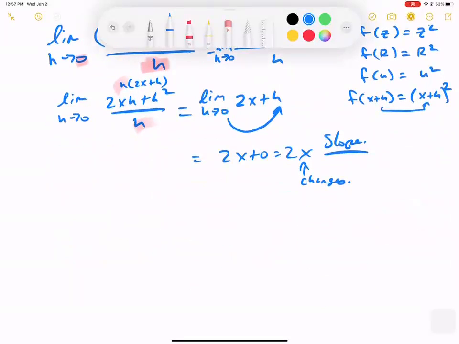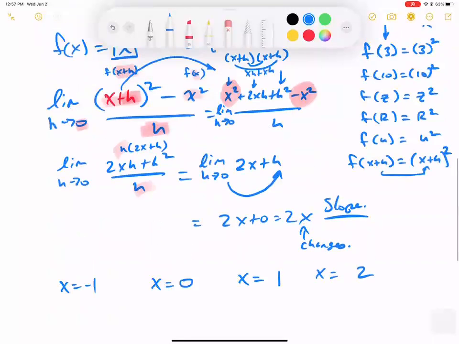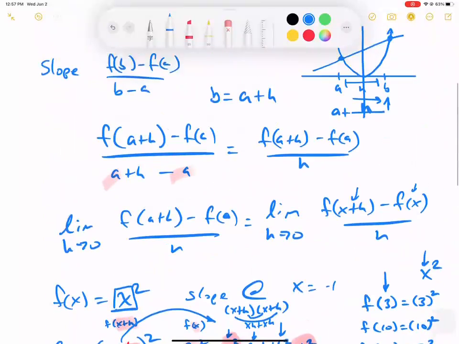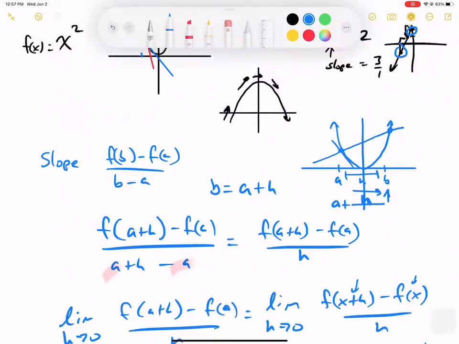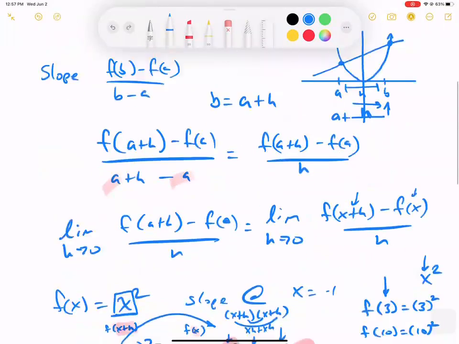If x was -1, if x was 0, if x was 1, if x was 2, these are all different parts of the graph. Again, let's look at the graph up here. This is just a parabola. You can see that the tangent line is changing for each of these points.